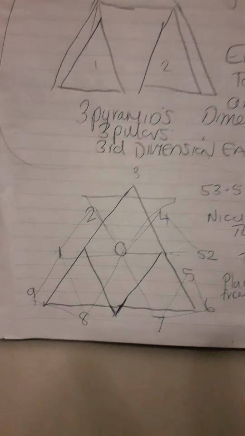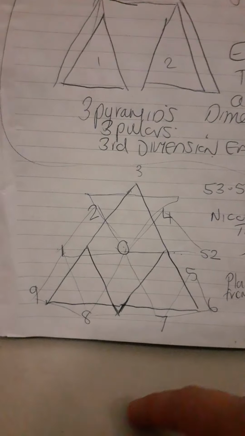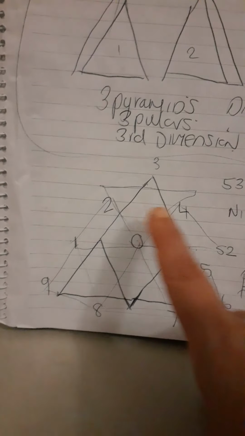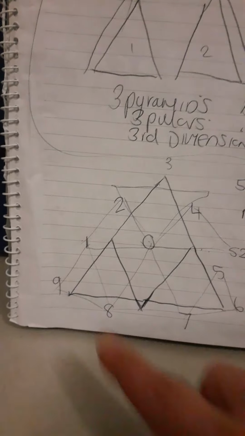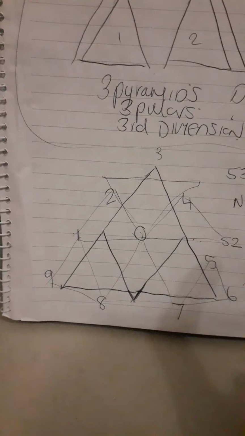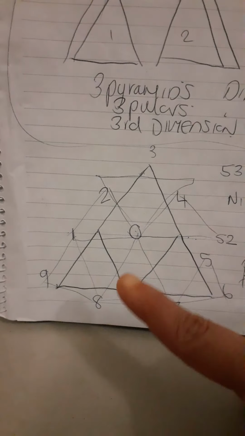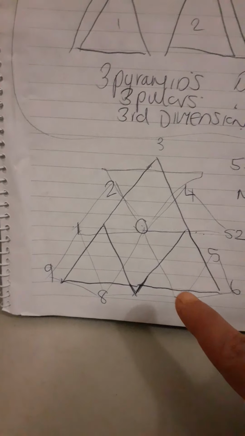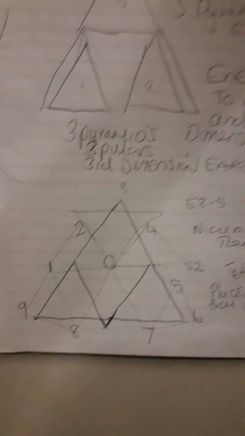Then we have your patterns, like the Nikola Tesla theory. So see the shaded ones? You've got your 1, 2, 8, and 9, right? Then you have your 4, 5, 7, right?